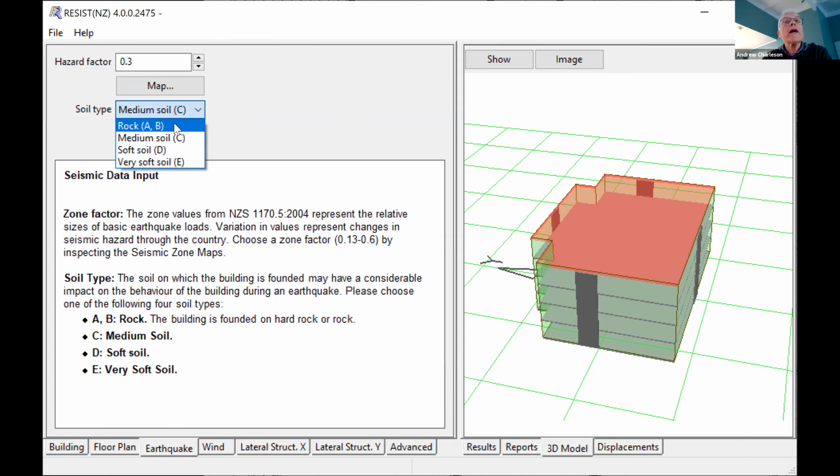Is your building located on rock, medium soil, soft soil, or very soft soil? The softer the soil, the greater the shaking and the more structure you need. So I don't really know what the soils are like at Surabaya, but I'm going to assume it's on soft soil.